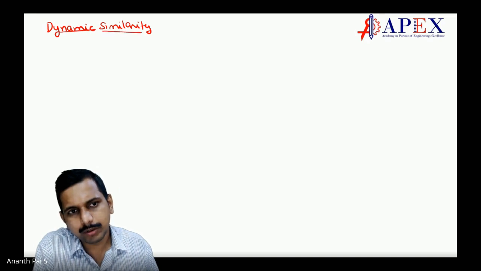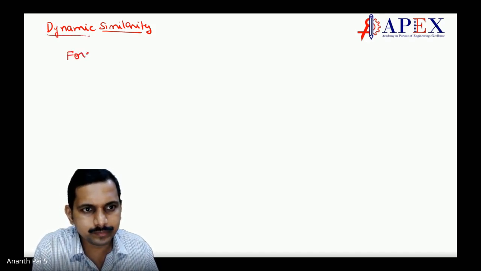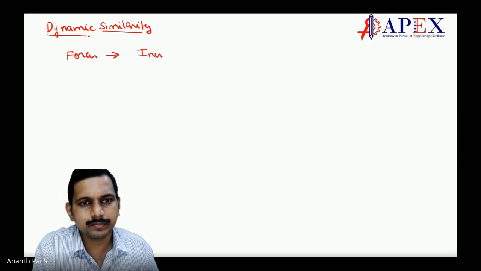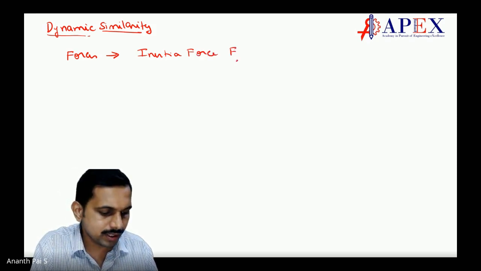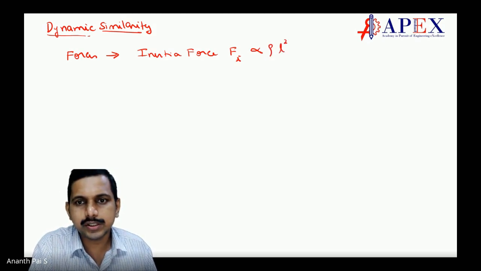When we talked about dynamic similarity, one of the main things we were talking about was forces, right? Now, what are the forces we went with? Inertia force, correct. Inertia force, we called it Fi, which was proportional to rho L square V square.